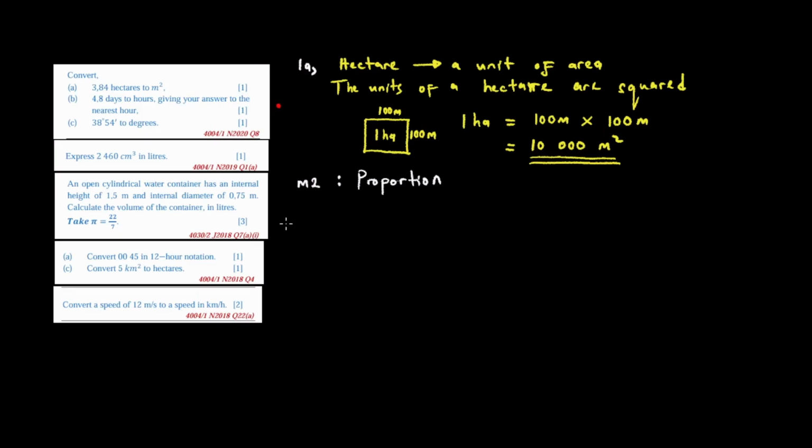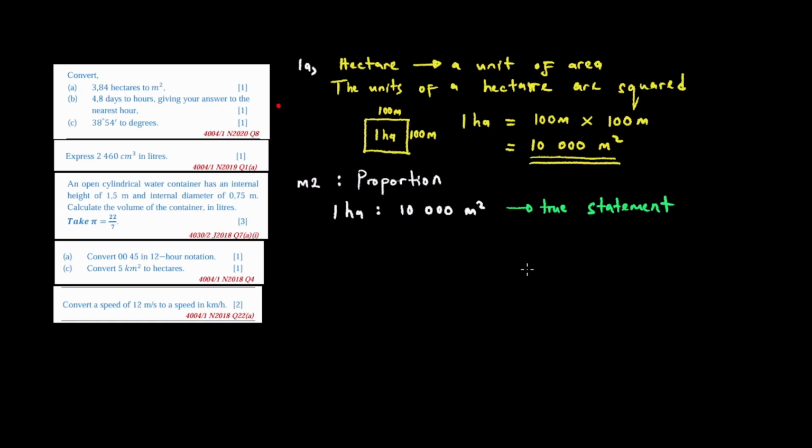The first statement, you write what I call a true statement. Saka what is a true statement? 1 hectare is 10,000 square meters. This is the true statement, because we are getting this from our understanding of what a hectare is.